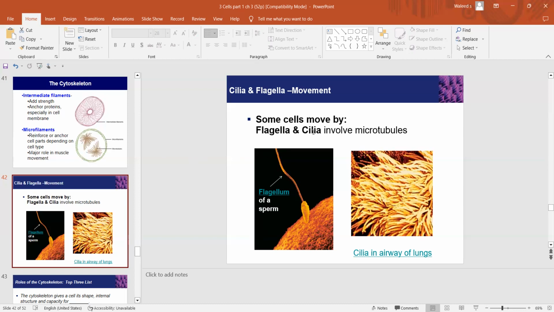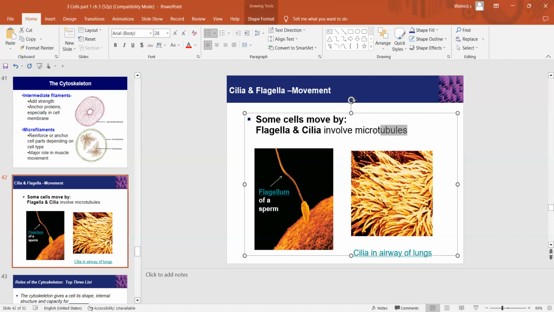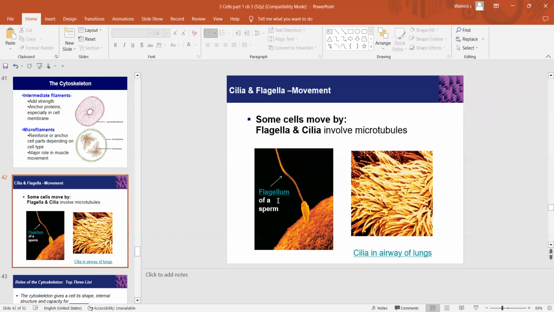These flagella and cilia contain microtubules. What's flagella? Flagella is a tail, like this. Like the sperm have flagella. Flagella, translation, tail. And what is the cilia?